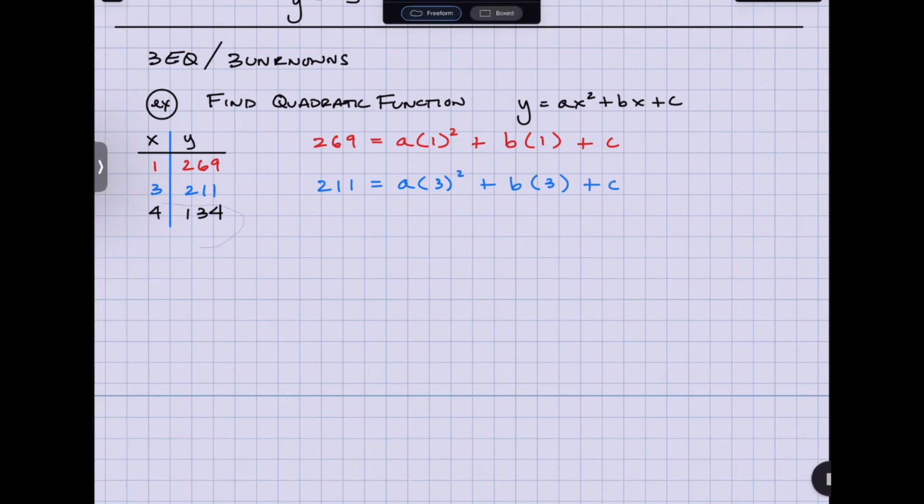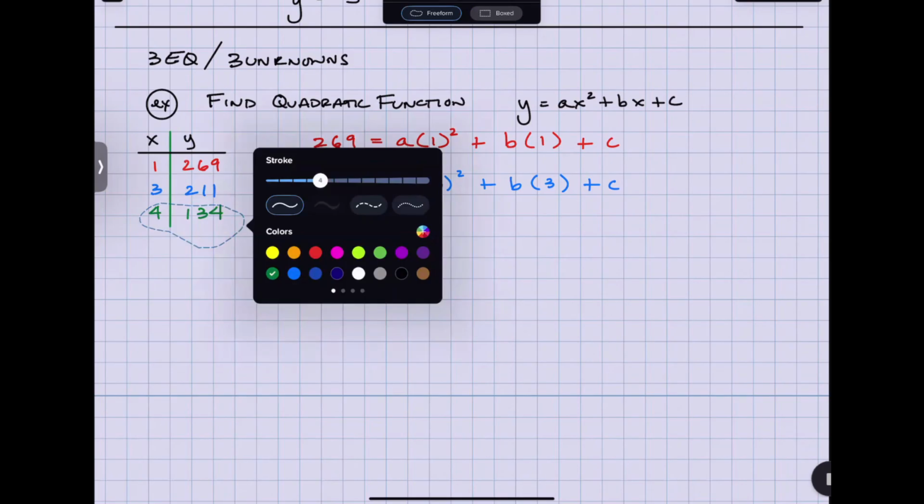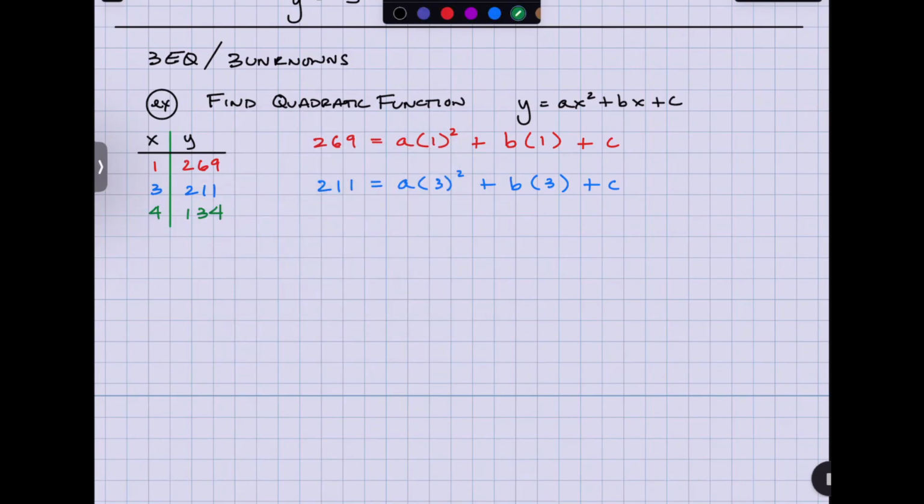And last but not least, with the 4. So then I can say, oh, 134 is equal to a times 4 squared plus b times 4 plus c. Do we know where all those came from?